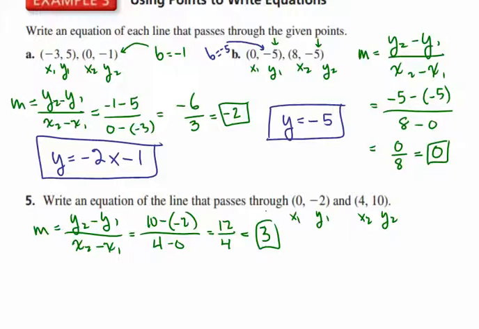The y-intercept, again, is the y-coordinate of the point whose x-coordinate is 0, b is equal to negative 2. Putting the pieces together, y is equal to 3x minus 2.